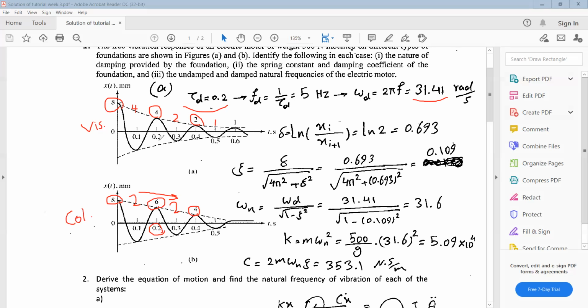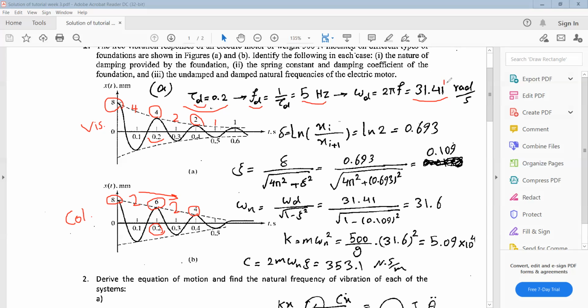But for the first one, it's not that easy. We can find the period of the damped system. Here we use a d subscript, meaning this is the period of the damped system, and it's equal to 0.2. So the frequency of the damped system is 5 Hertz. And finally, omega d, the natural frequency of the damped system, is 2 pi times f, converted into radian per second, and it's equal to 31.41.